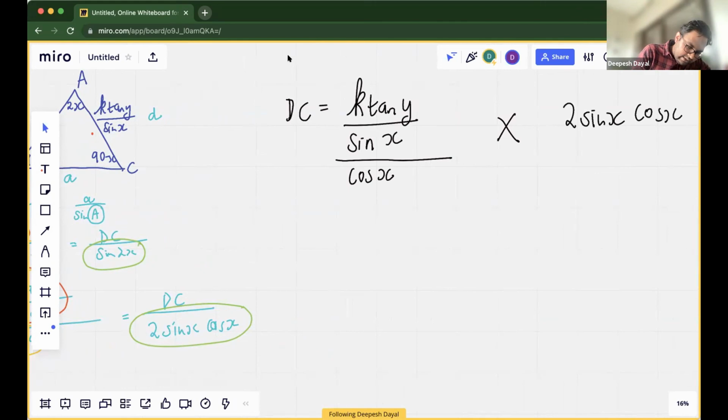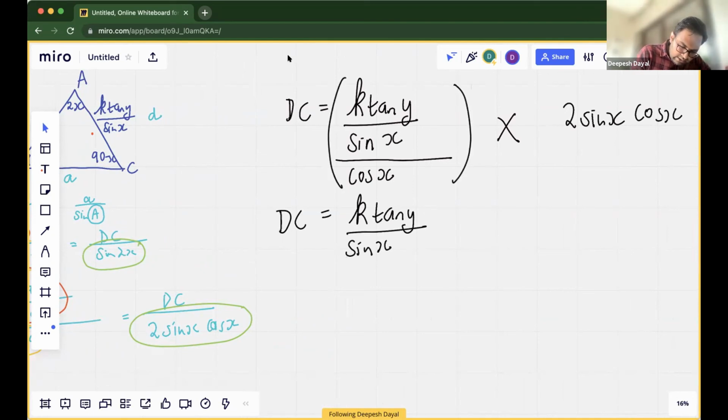Okay, so let's neaten up this part here. This is going to be k tan y over sine x, times by, remember this was cos x over 1 at the bottom there, times 1 over cos x, times by 2 sine x cos x.